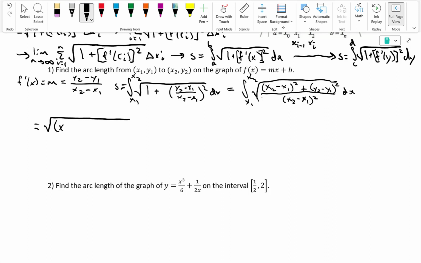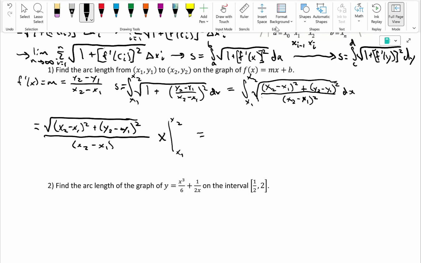But our numerator would be stuck with the x sub 2 minus x sub 1 quantity squared plus the y sub 2 minus y sub 1 quantity squared all over, right? Square root of that squared would just give us an x sub 2 minus x sub 1 and then an x here, right? So this is a constant, so the constant times x would be our antiderivative, and we're just evaluating from x sub 1 to x sub 2.